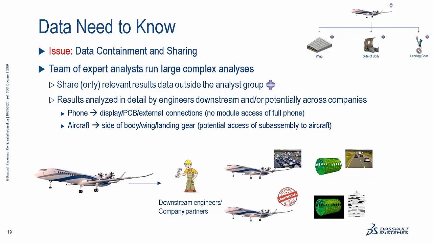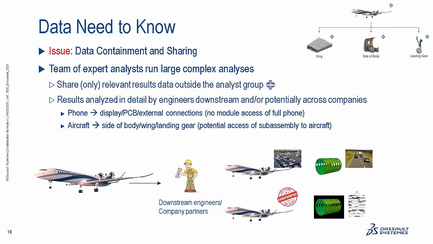And for an aircraft, you have a lot of other companies that are hooking in at different areas. So you might have somebody who's got an engine, and you need to load up that engine onto the wing somewhere or onto the empennage in that image that you see on the bottom.